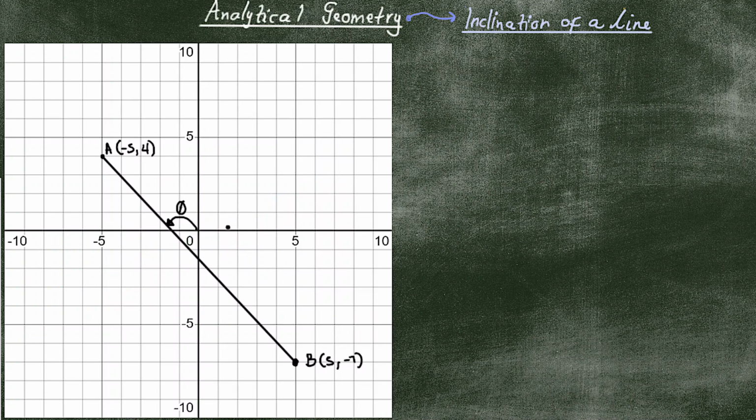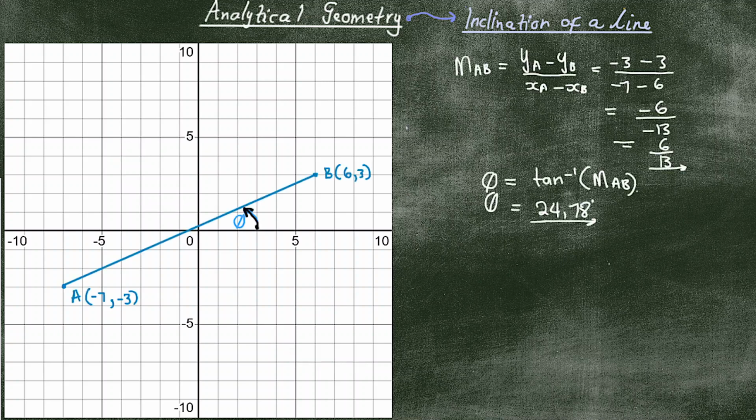Let's talk about this line. Now, you have to be careful. Before we discuss, let's go back here. Do you see that this line AB, the gradient for this line was a positive gradient? So the gradient for this line was positive, right?